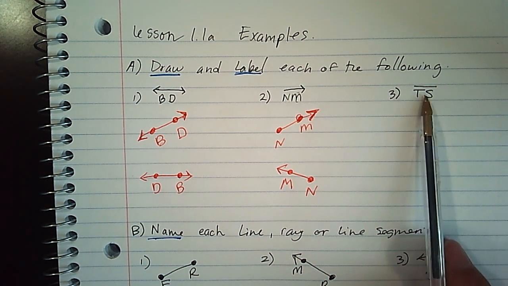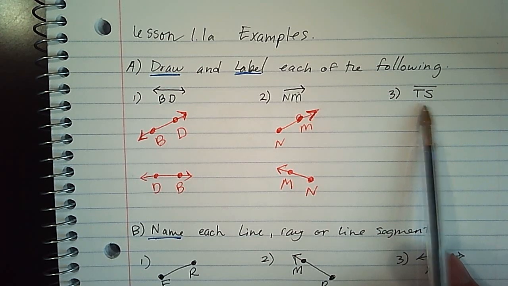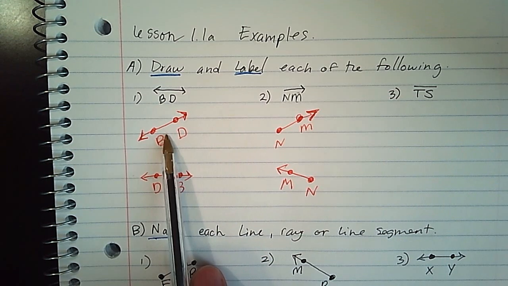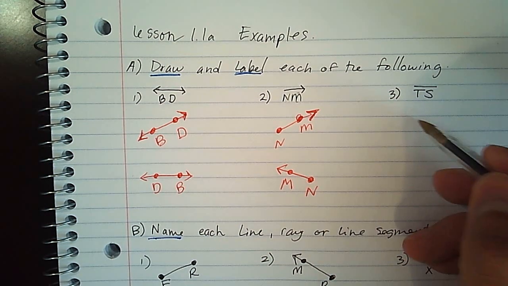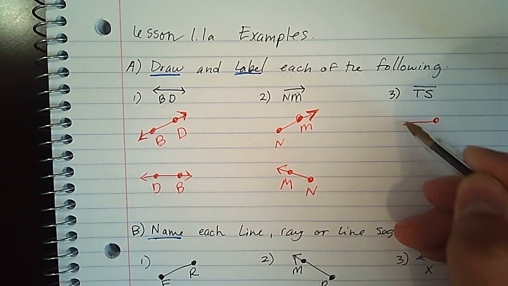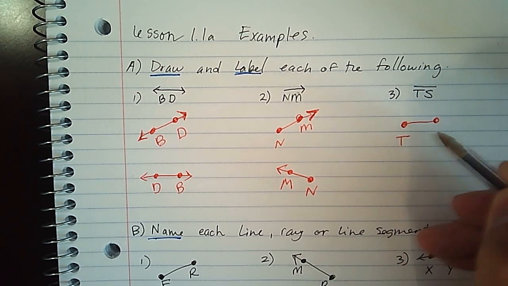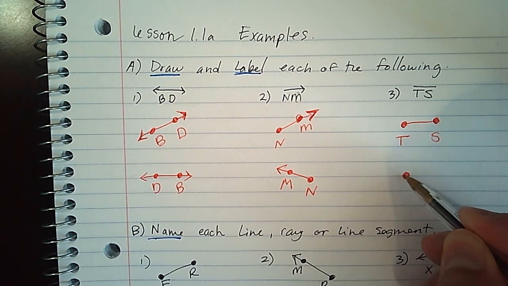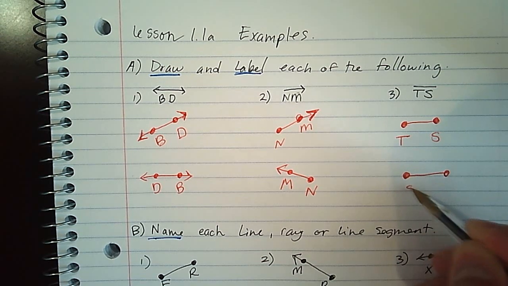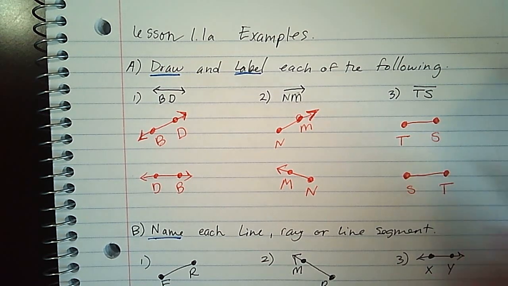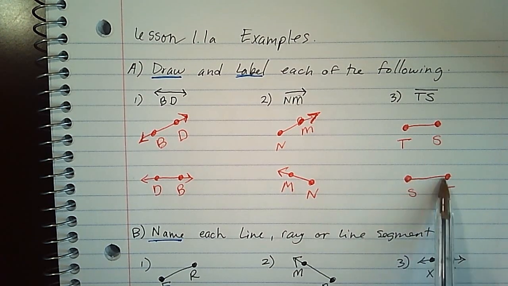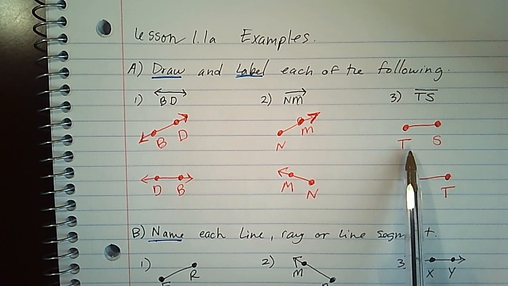And then we're going to draw line segment TS. Line segment is similar to a line. It really doesn't matter how you place the letters. What matters is it ends with dots, 2 dots, and really that's it.